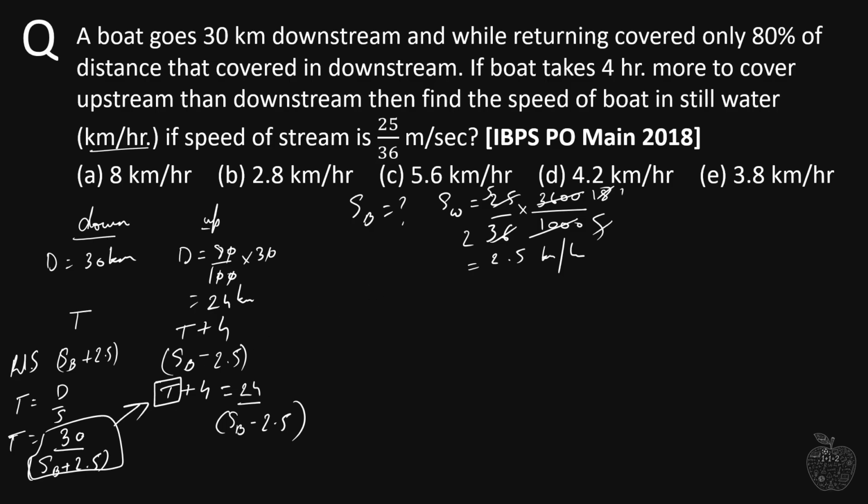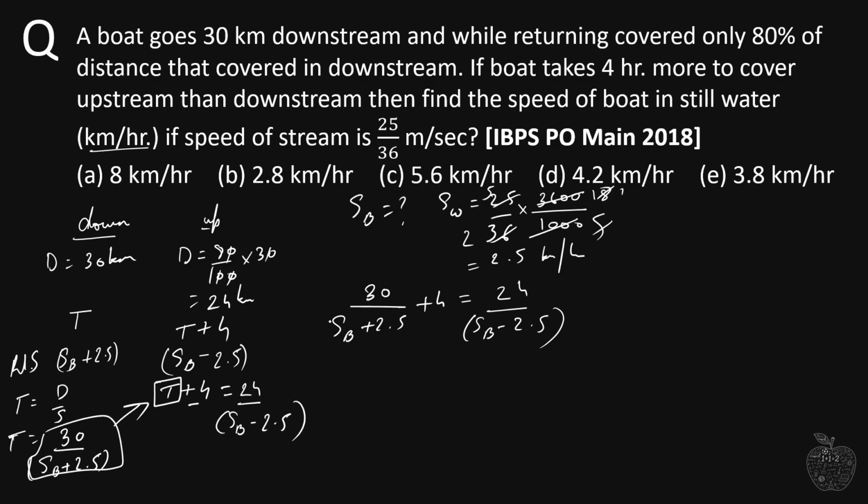Let's see what we get. We get T, which is 30 divided by SB plus 2.5, plus 4 is equal to 24 divided by SB minus 2.5. All we have to do now is solve this complete equation and get the value of SB, and then we'll get our answer.